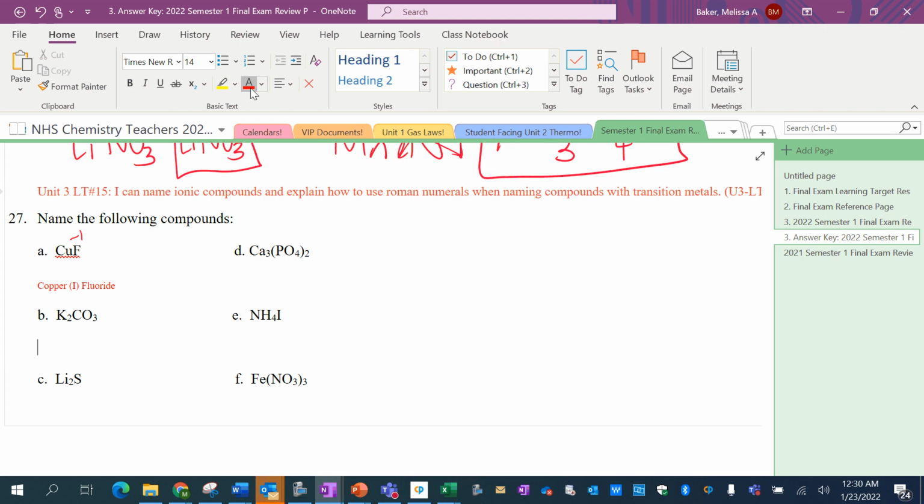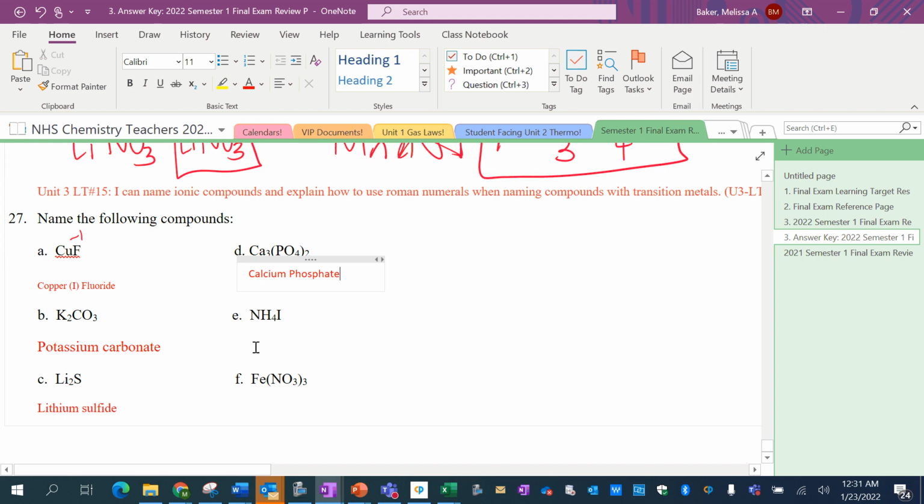Okay, next, this is potassium carbonate, because it's one of the 6 polyatomic ions. Then we've got lithium sulfide, because we always change the ending to "ide." We've got calcium phosphate.